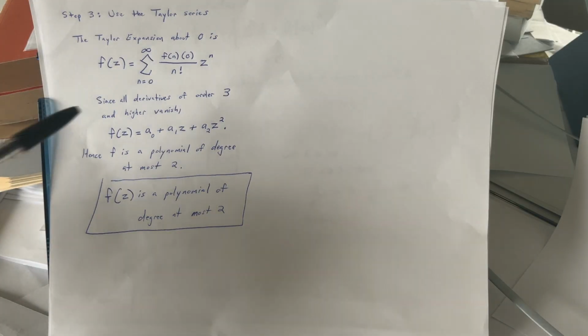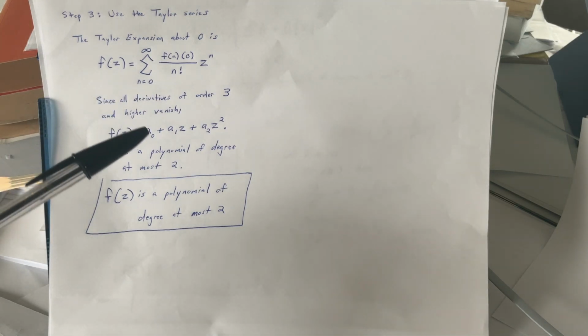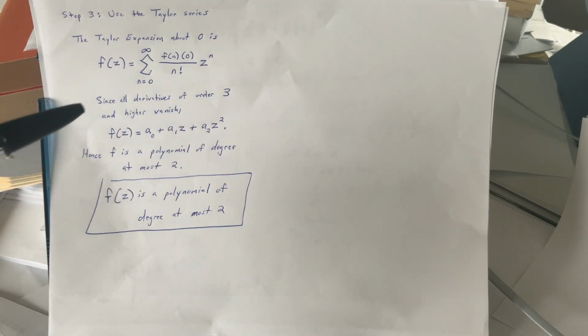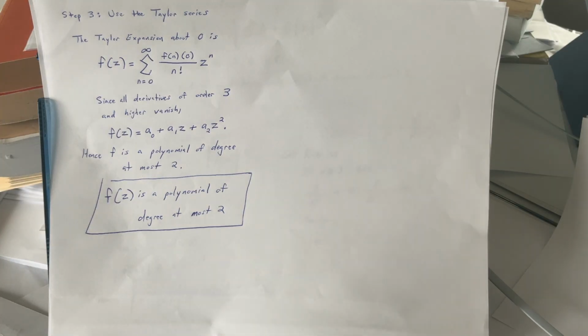Now, since all derivatives of order 3 and higher vanish, in this situation if we write out this f of z, a sub 0 plus a sub 1 z plus a sub 2 z squared, this is what we have. Automatically, f is a polynomial of degree at the very most 2.